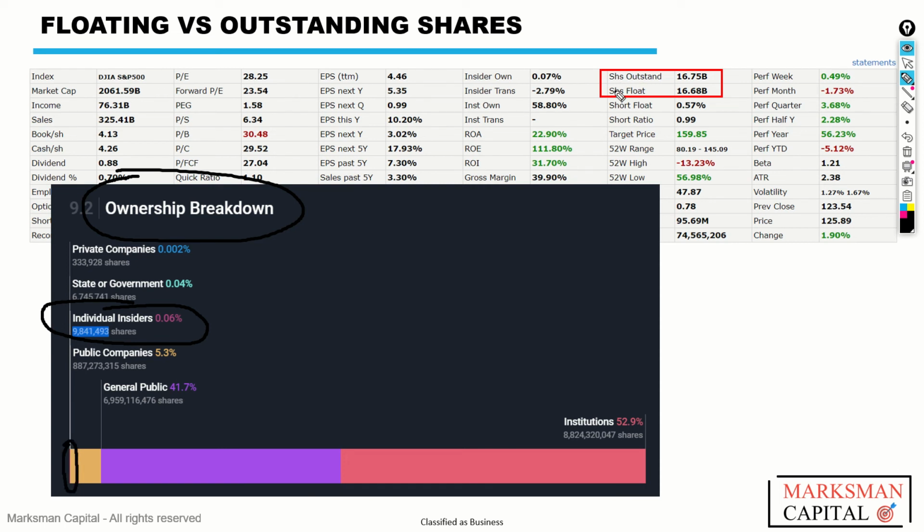If you take them out and take the entire shares of all these different shareholders, public institutions, state government, and some private companies, the floating shares are almost 99% of the total outstanding shares. These are the more actively traded shares. What is not actively traded are the individual insider shares, so they are always in there for the long term.